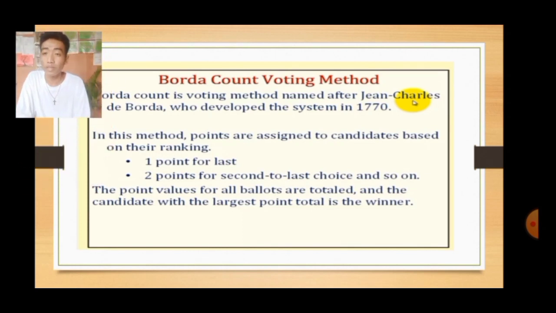In this method, points are assigned to candidates based on their ranking: 1 point for last, 2 points for second to last choice, and so on. The point values for all ballots are totaled, and the candidate with the largest point total is the winner.